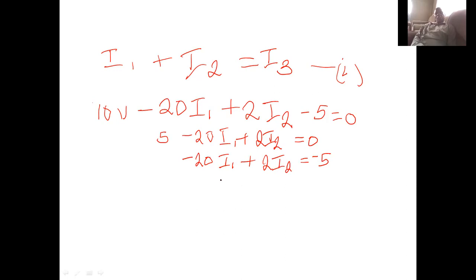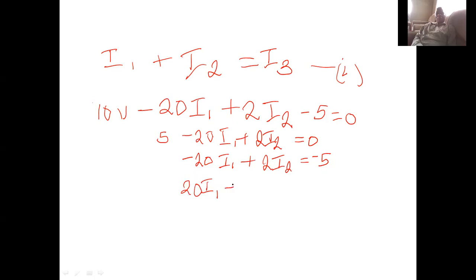So we can avoid here dealing with the negatives. We can divide by negative 1 everywhere. And what we are going to have is 20 I1. When you divide negative 20 by negative 1, you get actually positive.